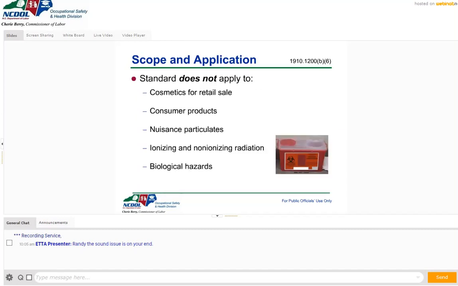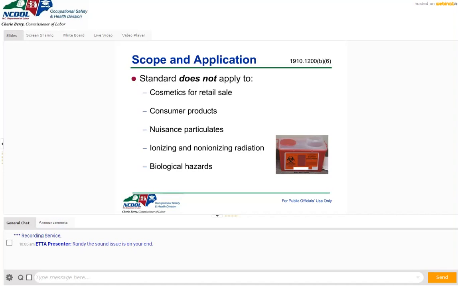Now, again, exemptions: cosmetics, consumer products, nuisance particulates, radiation, and biological hazards like bacteria, like tuberculosis, that sort of hazard, not part of the standard. But again, the consumer products, we get a lot of questions on consumer products.